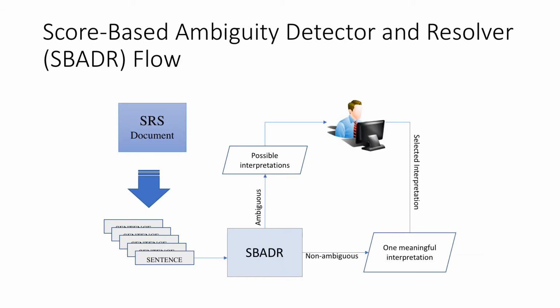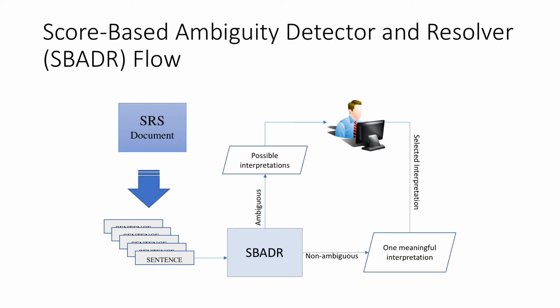The flow or architecture of our approach is to get the sentences of the requirements from an input SRS document. We feed the sentences one by one into the SBADR, or the score-based ambiguity detector and resolver, which is our proposed approach. After detecting the ambiguities, we come up with possible interpretations if the sentence is deemed to be ambiguous.